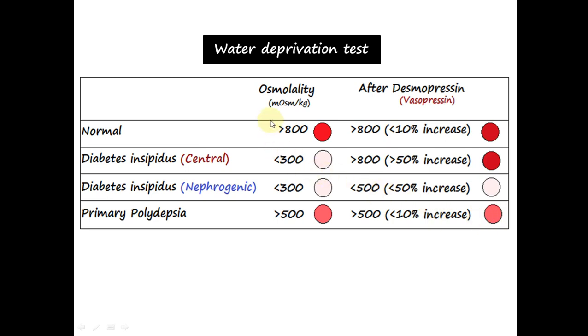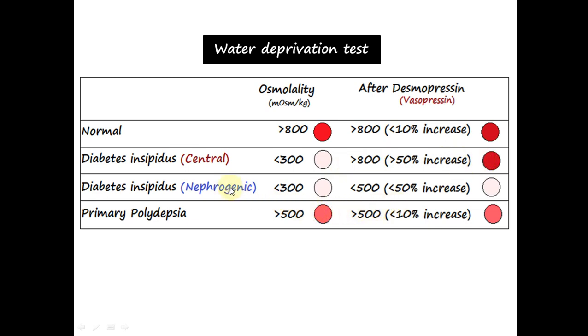So by using the water deprivation test, we can differentiate a normal person. We can diagnose central diabetes insipidus, in which the administration of desmopressin will increase urine osmolality from 300 to more than 800.